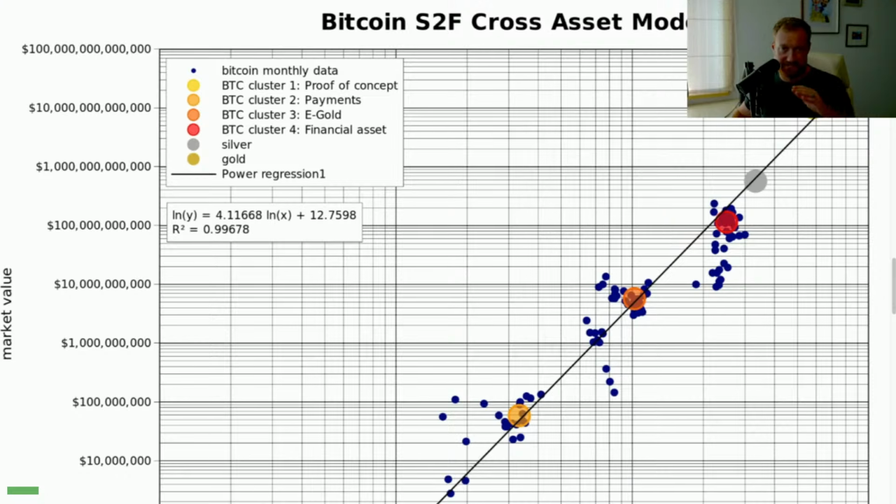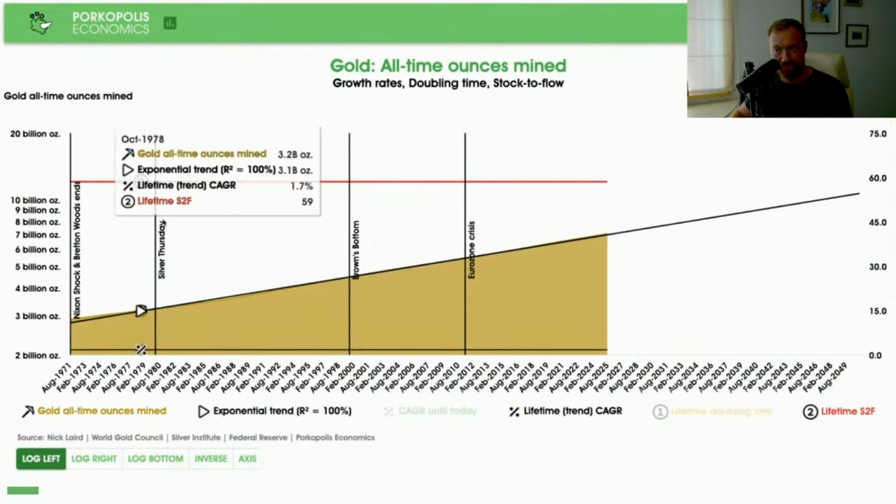Faulty statement. Invalid. Because the stock to flow of gold and silver, depending on how you measure it, stays the same. They're exponential assets. They're constant growth assets. They stay the same.